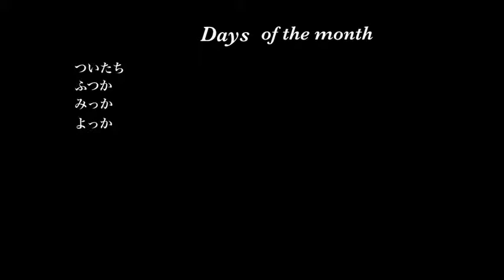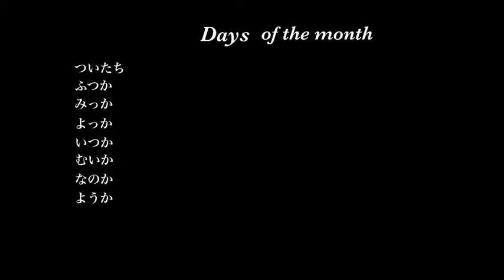The fifth day of the month is called itsuka. And the tsu is large, so we say it. Itsuka. The fifth of the month. The sixth, muika, the sixth day of the month. The seventh would be nanoka. Yoka is the word for the eighth day of the month.